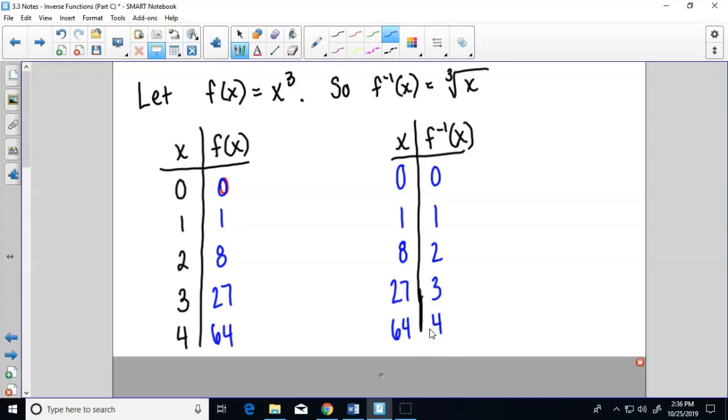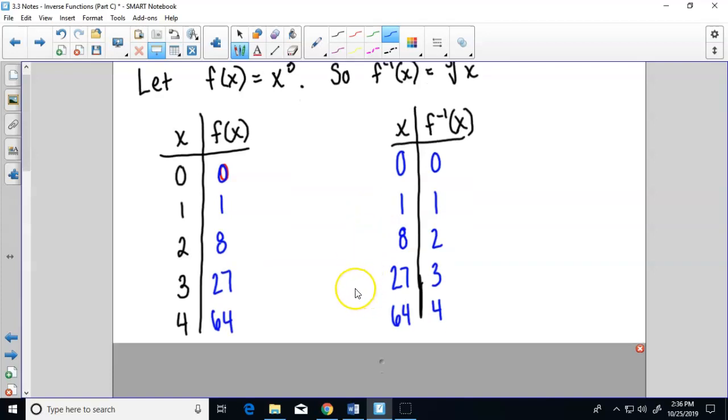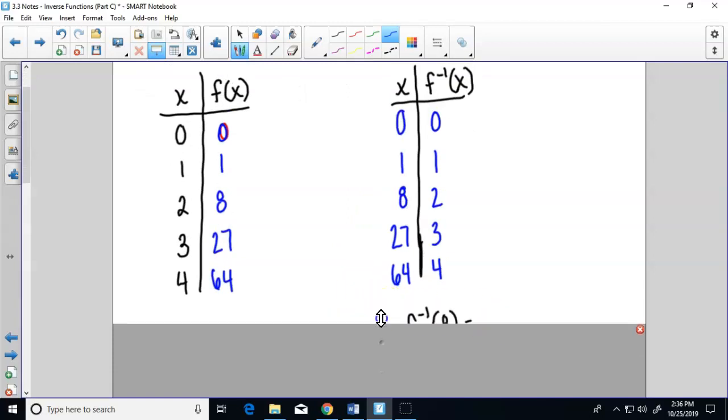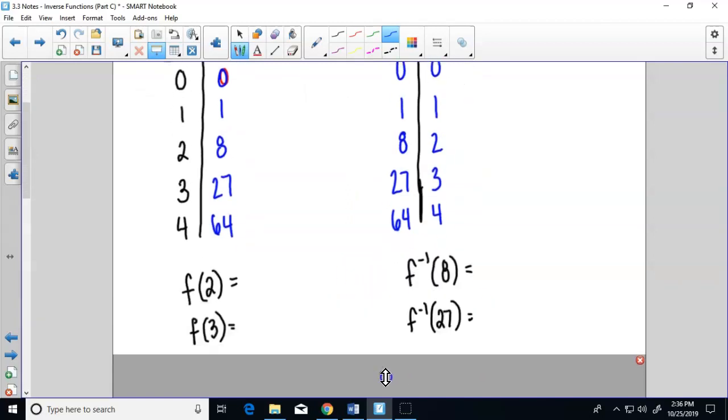So you can see how the function and its inverse are basically just tables where you've switched the x and the y. Like if we look at our table here, and we did this a little bit yesterday, if I find f of 2, if I plug in 2, I get 8.